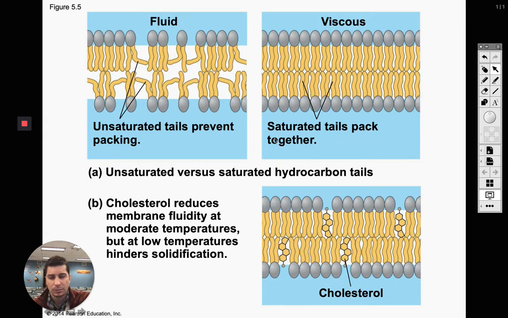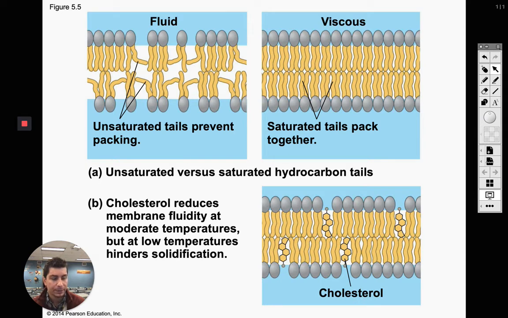Oh, and also one more thing about this, guys. Coming back up here, when the temperature is increased, it's going to go more liquidy, right? Increasing temperature, it's more liquidy. Decreasing temperature, it becomes more solid. That's why we need the cholesterol in there. But as we increase the temperature, we're becoming liquidy.